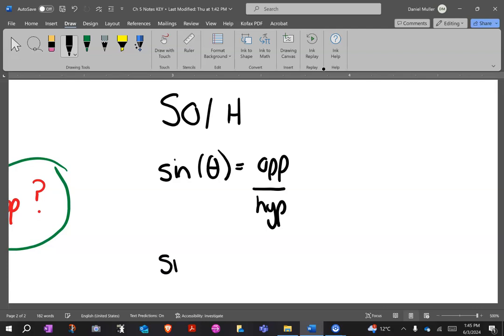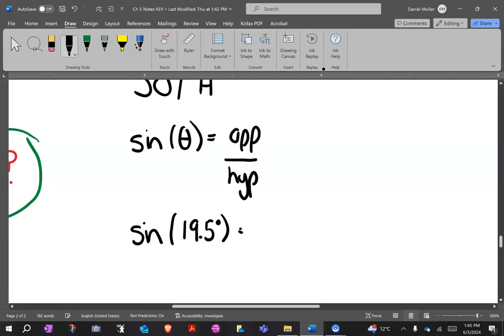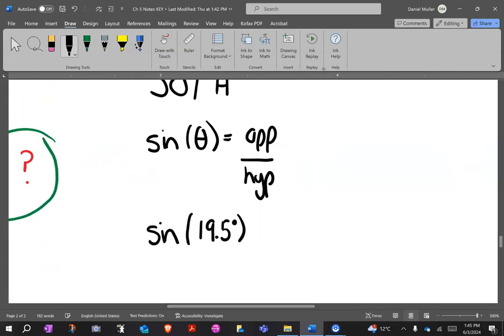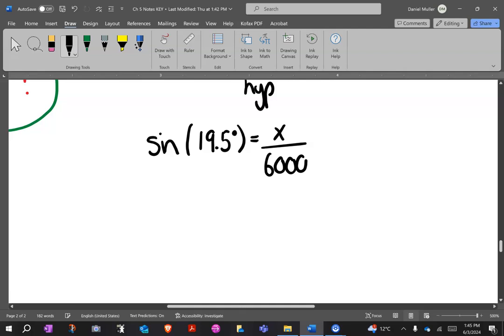Now, I do know the angle. They gave me the angle. They said, hey, it's 19.5 degrees. That's how much we're ascending. We're heading up. The opposite is unknown, so that's what we're trying to find, but we have the hypotenuse, which is 6,000. So we do not know the opposite. I'll just call that x, and then 6,000. So now I need to figure out what is sine of 19.5.